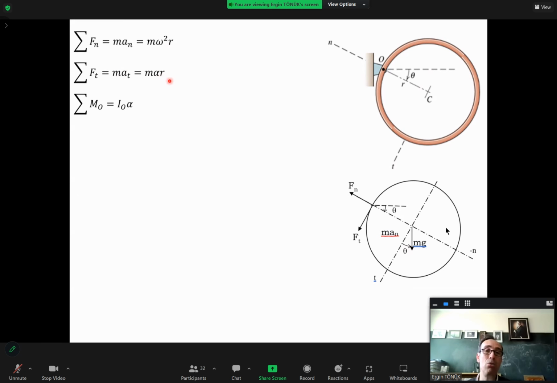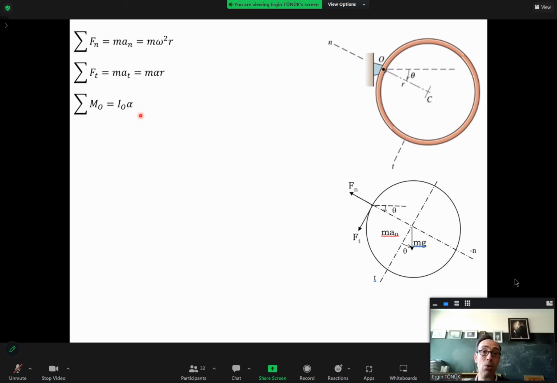And if you like, you can take moment about this point, but we know for fixed axis rotation, you can take moment about the rotation axis, and it's equal to the mass moment of inertia about the rotation axis times alpha. So we could use this as well.